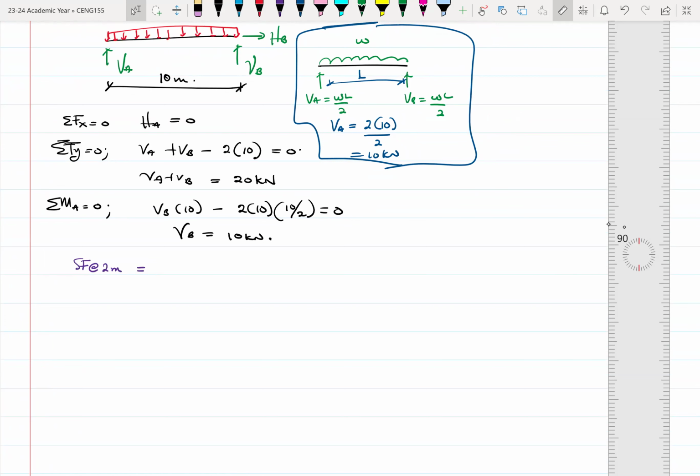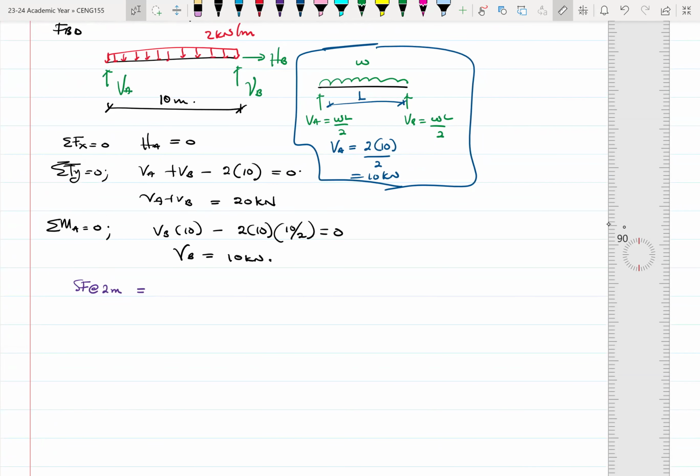So again, what that simply means is that you take your beam and cut a section at 2 meters from the beam. If I cut a section, I'll get my left-hand side. So this is my VA, which is 10 kilonewtons.